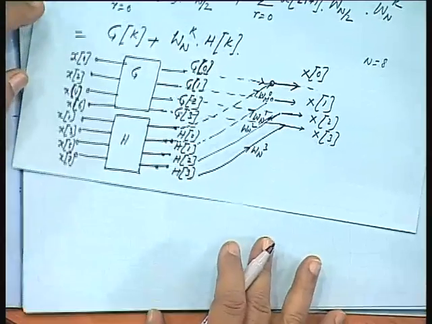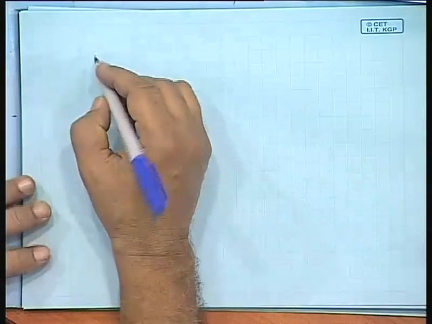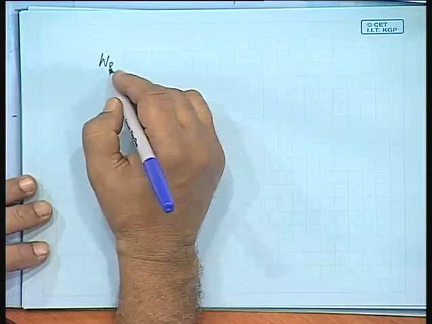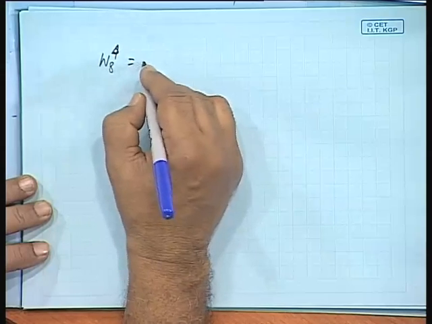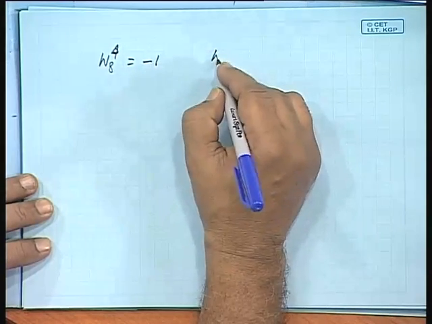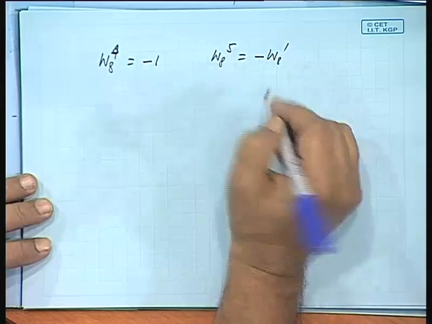Now, you see W_8^n, say W_8^5, W_8^4, how much is it? -1. W_8^5 is minus W_8^1.